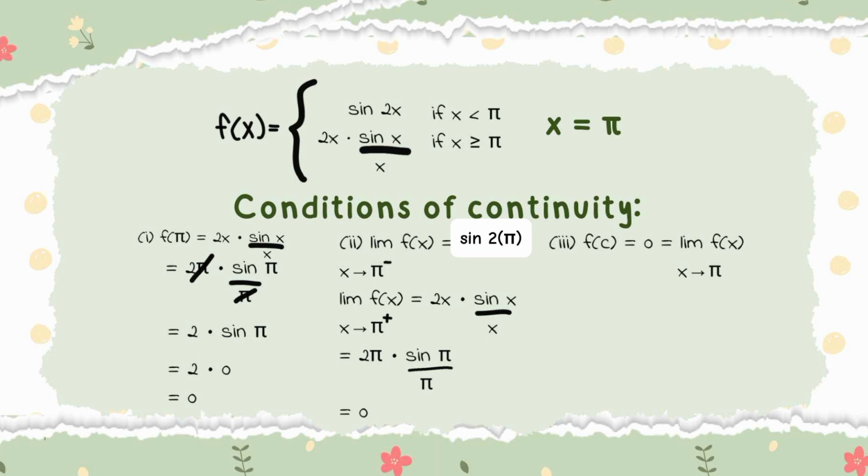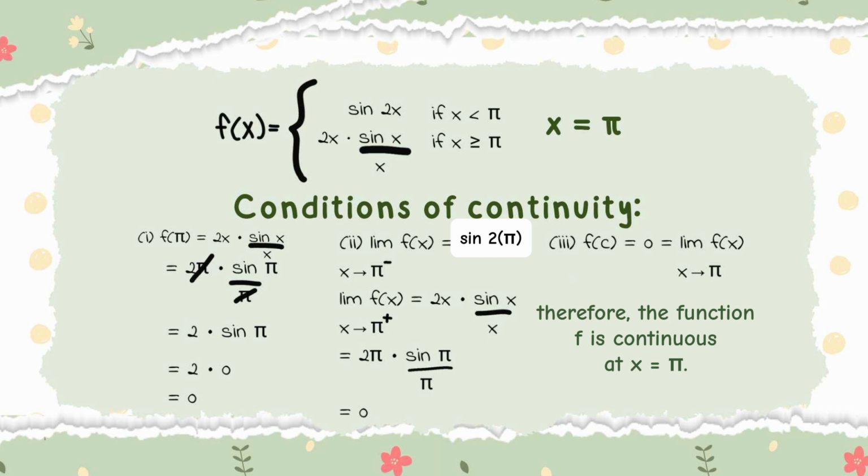At the second condition, we're going to evaluate both sides. On the left side of our limit, we have f of x equals sine 2x as x approaches pi. As we calculate it on the calculator, the answer will be 0. While on the limit of the right side, we have 2x times sine x over x.